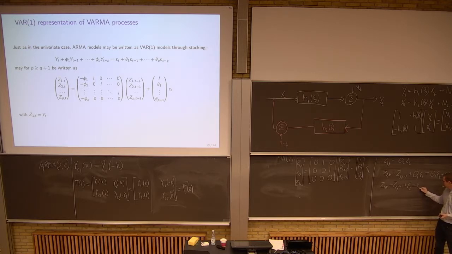So we get epsilon t plus, and now zeta 2 at t minus 1. Well, we just did it at time t. So we just have to take this up here and shift time backwards 1 lag, right? So I take the coefficient theta 1, and that becomes epsilon t minus 1, and then I have plus theta 2 epsilon t minus 2.